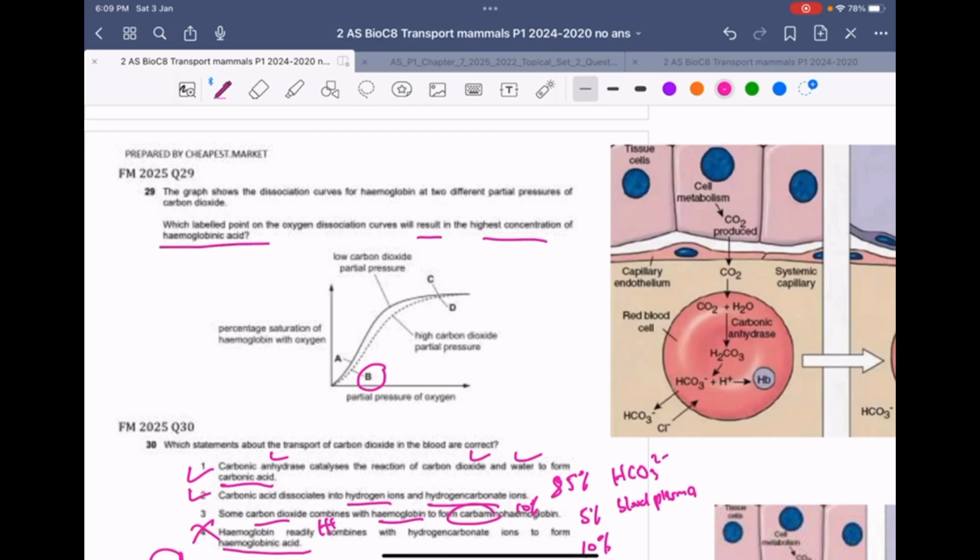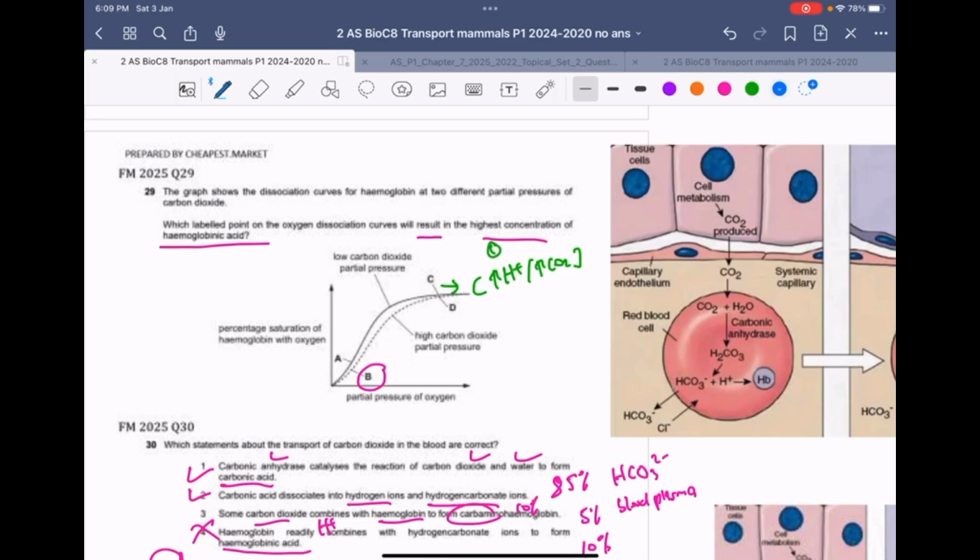So when you look at this graph, you can look at it in two ways. The first way is to see whether the curve is shifting left or right. The curve is shifted to the right. Shifting right means there is a high concentration of hydrogen ions due to the high concentration of carbon dioxide in the blood plasma, so hemoglobin has less affinity towards oxygen and will tend to release the oxygen.